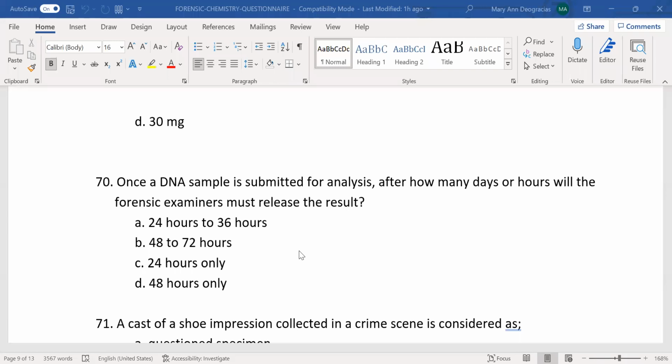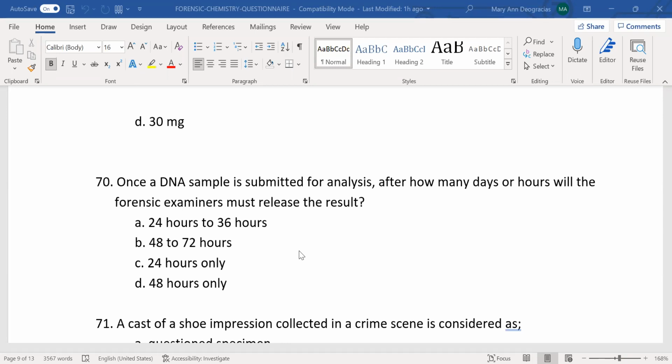Pero ang standard, it should be 48 to 72 hours. Kailangan ilabas ng lab yung result. Oo. Nabasa mo 1 month. Ang sagot diyan 48 to 72. Hayaan nyo na, pero 1 month nga daw yung sagot niyan. Suntok sa buwan na.